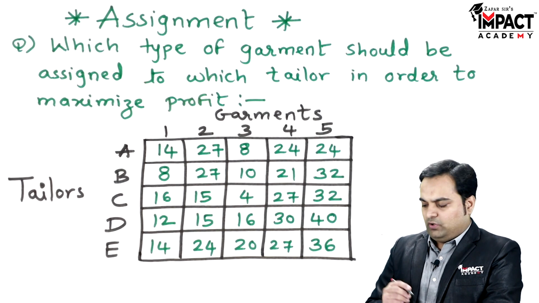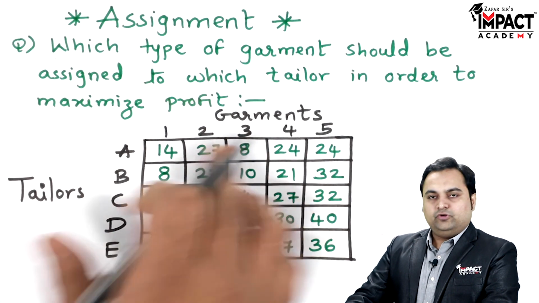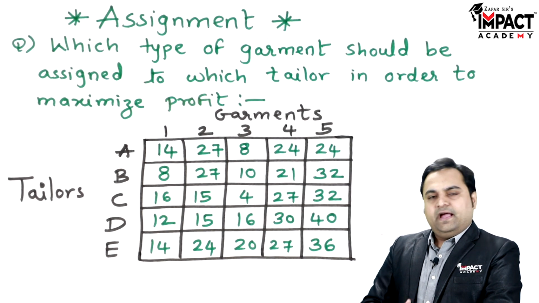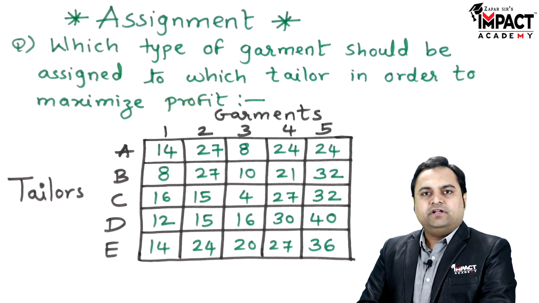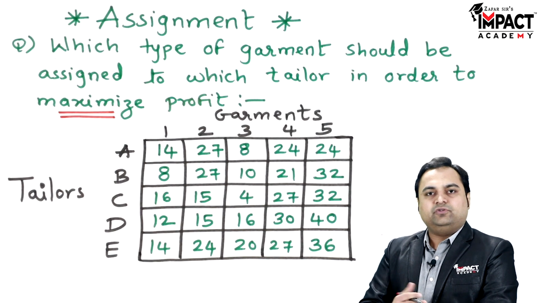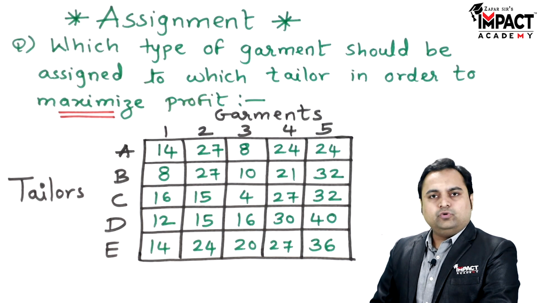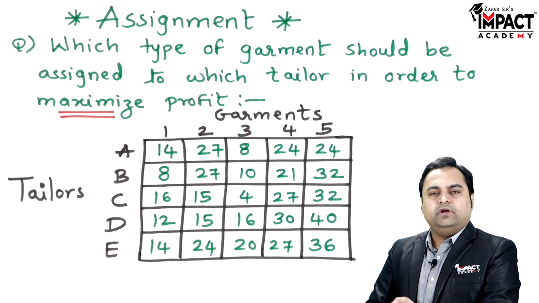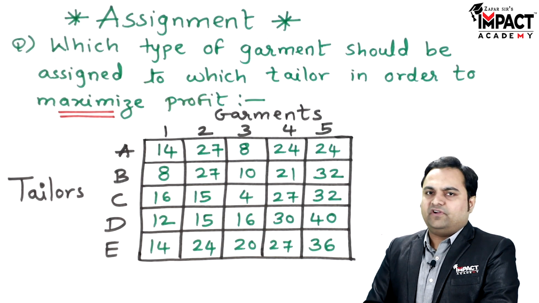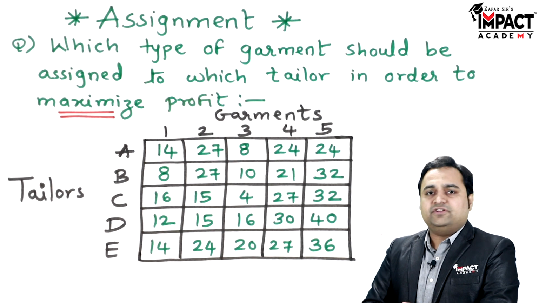It means we have to assign a particular tailor to that particular garment in sequence so that we can maximize the profit. And remember, in case of assignment, if the problem is of maximize type, that is whenever we have to maximize the profit, in that case we have to convert this problem into a minimization type, because whatever problems we are solving in case of assignment, those problems need to be converted into minimization form.